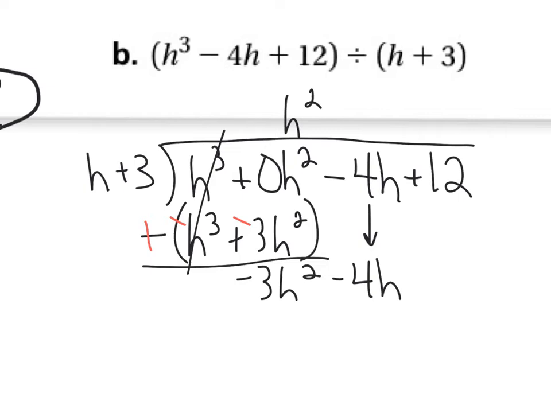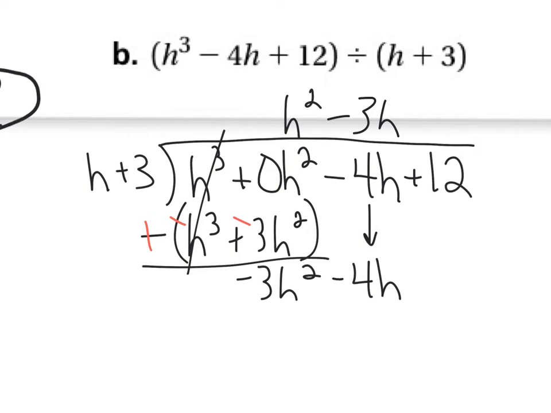So again, if we look at these first terms, we got the h on the outside, negative 3h squared on the inside, or underneath, I guess. So h times what gives us negative 3h squared?